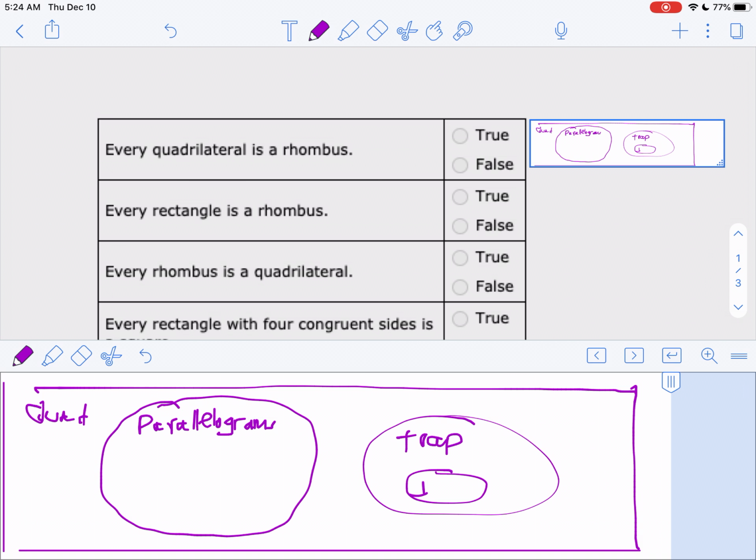Now, a lot of quadrilaterals turn out to be parallelograms, but not all of them. Some quadrilaterals are trapezoids. Some trapezoids are isosceles trapezoids.